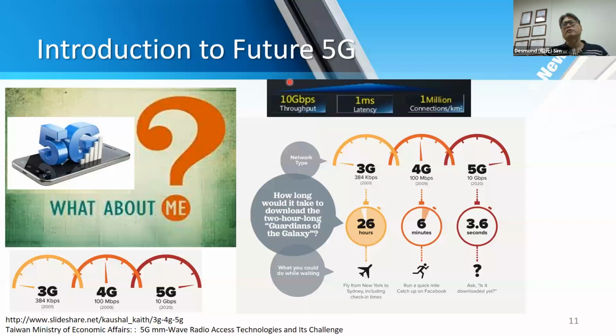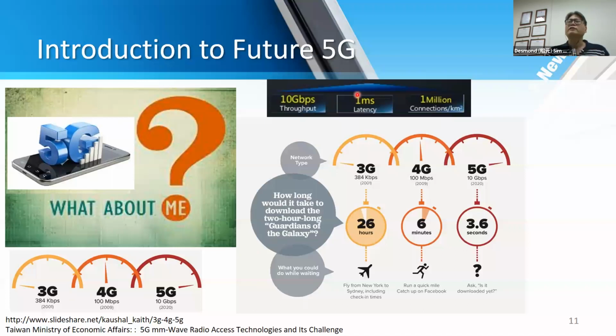The next consideration is 1 millisecond latency, meaning that the delay must be no more than a millisecond. This is very important for 5G, especially if you need to implement it in a driverless car, so that the reaction of the signal transmission is fast enough that it will not hit another car.